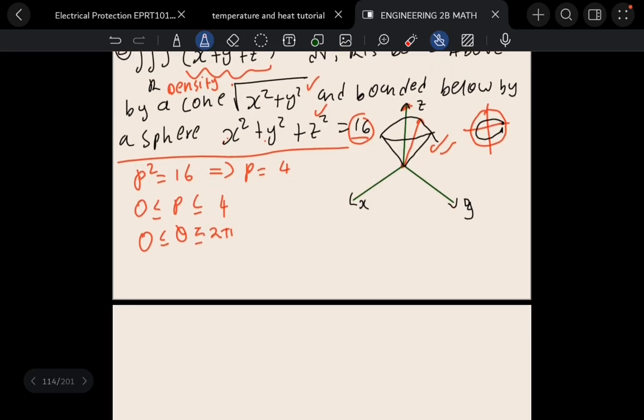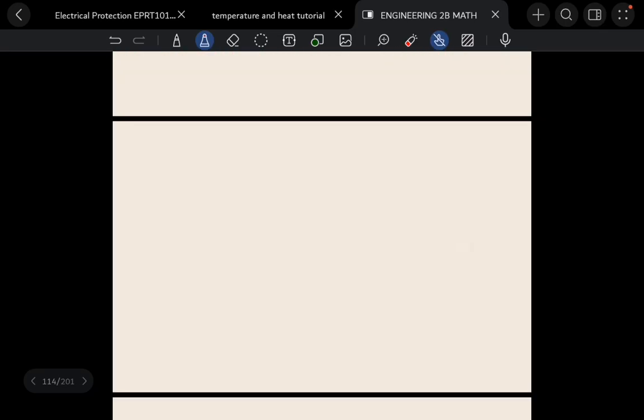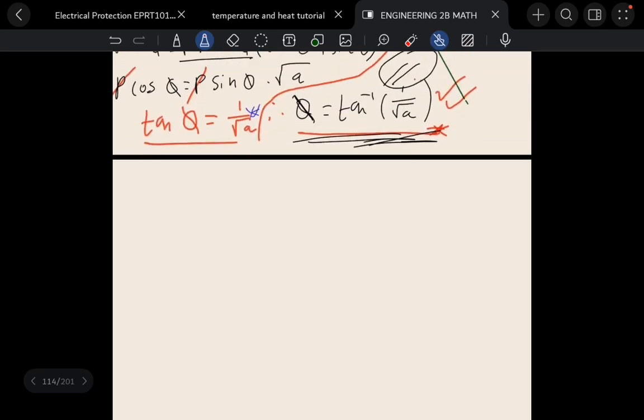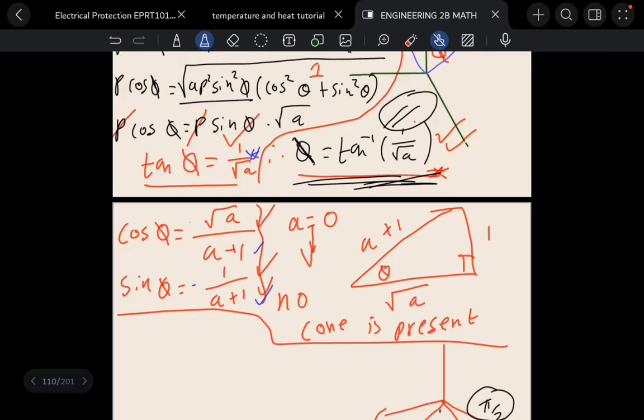Now, your value of phi. Your minimum value of phi is always 0. But what is that angle there? That angle is measured by using one of these equations. I always use the arctangent.